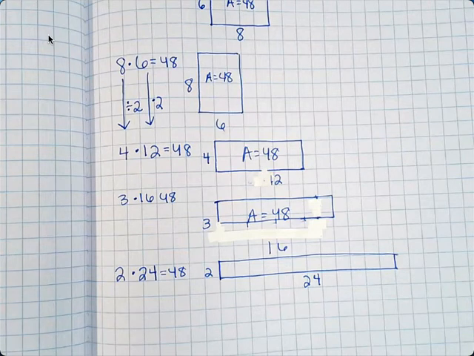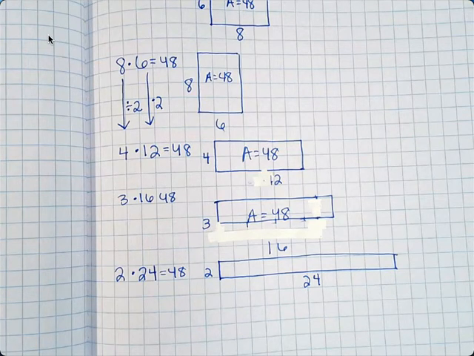So there are different factors of 48, different ways to get the product of 48.